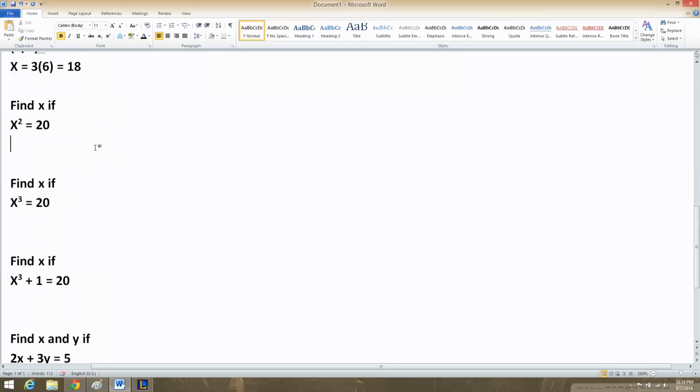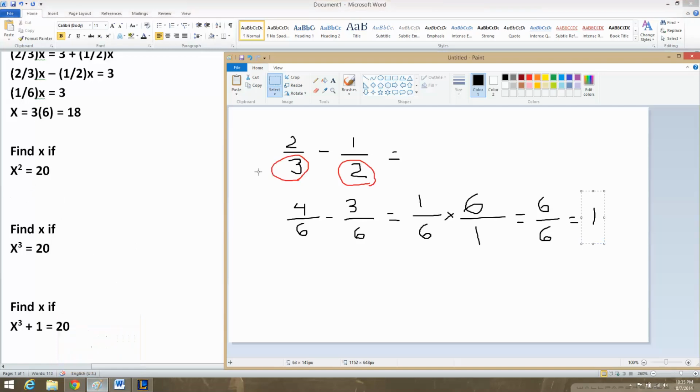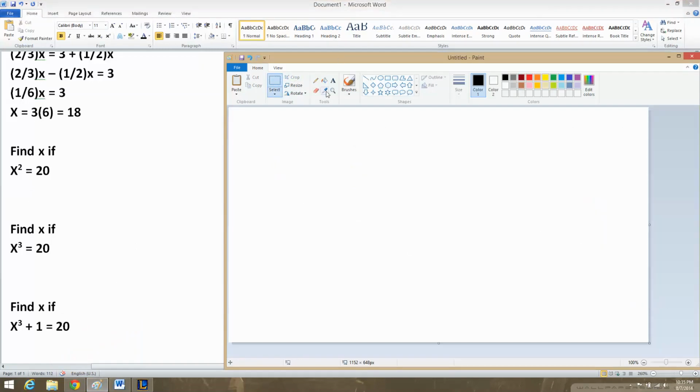And here come the square roots. Find x if x squared equals 20. What happens here is we just use square roots. This one is x squared equals 20. We're just going to take the square root, since it's squared, and the answer will be x equals the square root of 20.